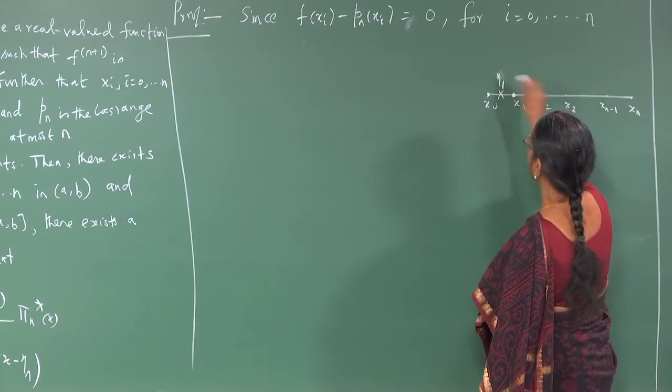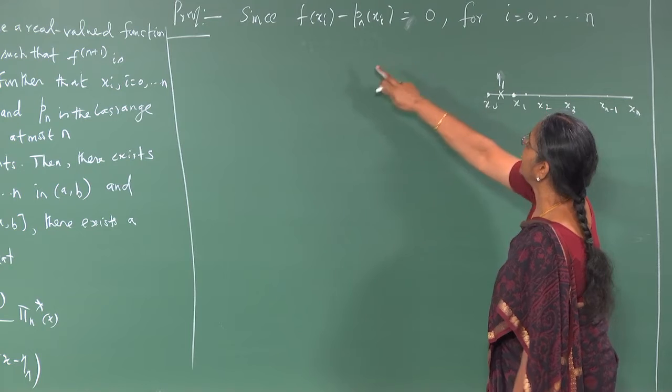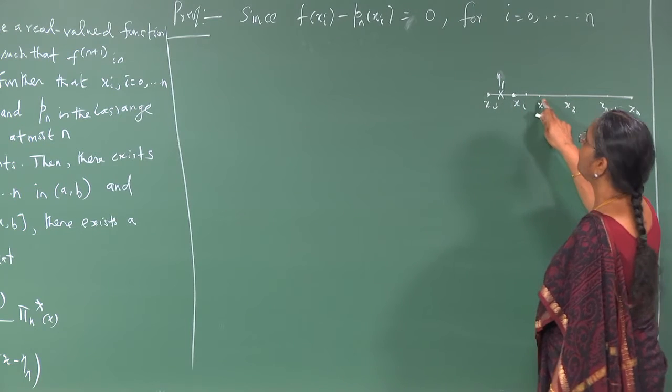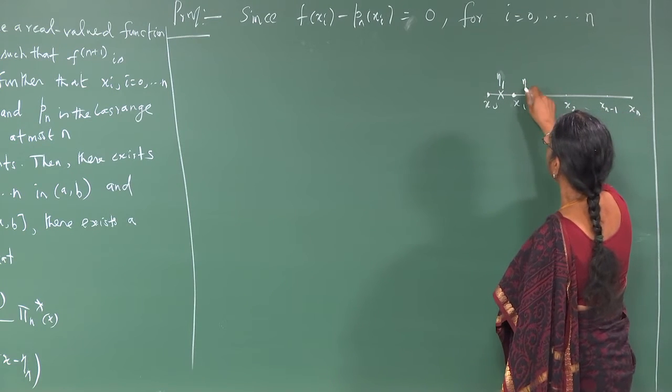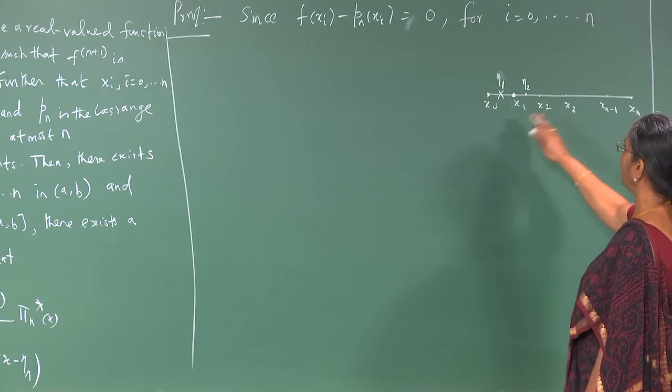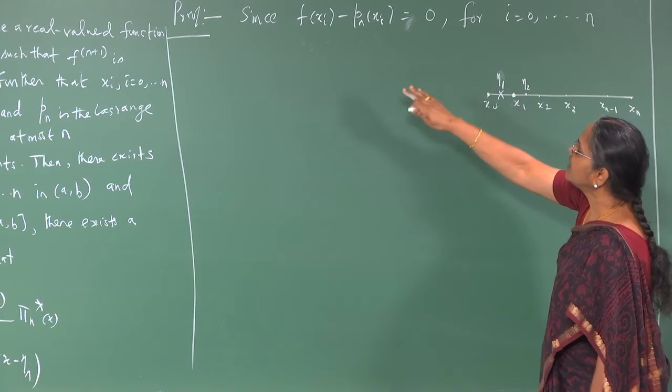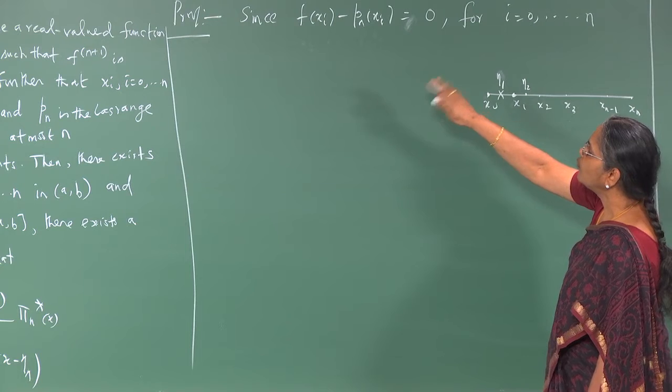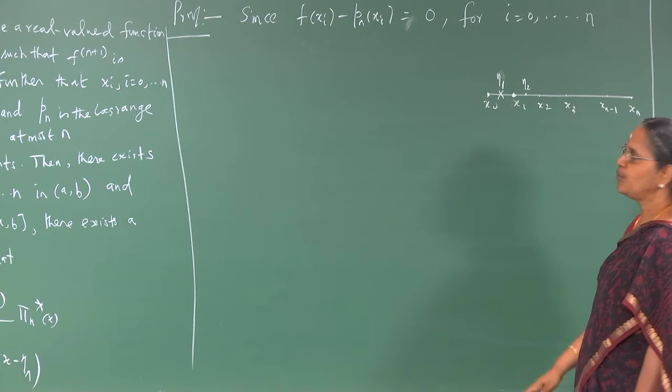Let us call that point eta 1. Similarly, f of x1 minus p of x1 is 0, so there must be a point eta 2 belonging to the open interval x1 to x2 at which f dashed eta 2 minus p dashed eta 2 should be 0.